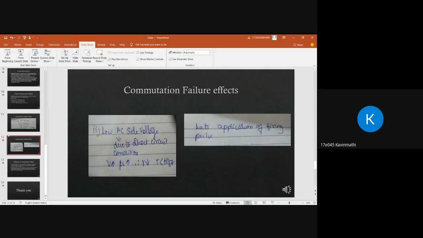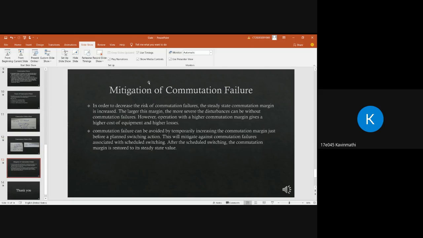And finally, just see what is the mitigation of the commutation failure, how to control or how to prevent this commutation failure. If we want to prevent something, we need to reduce the causes. So what are all the causes?